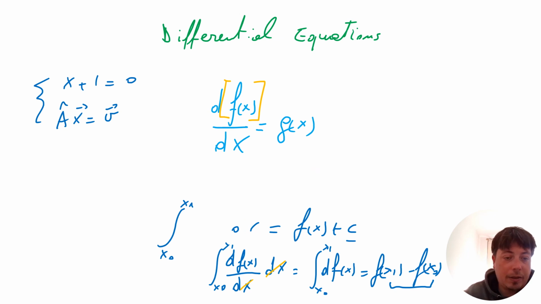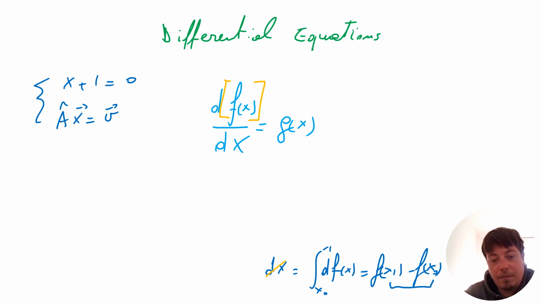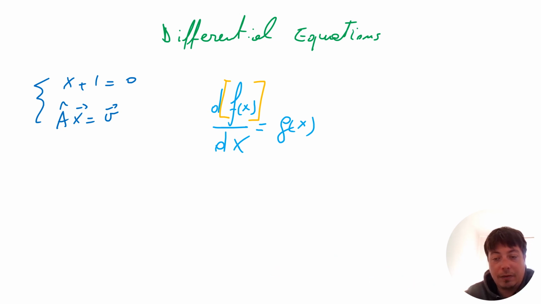And by the way, this is just to let you know that differential equations are basically everywhere in physics. Anytime you have something that varies in time, in space, in temperature, or whatever, you have a differential equation that allows you to solve for the particular problem.